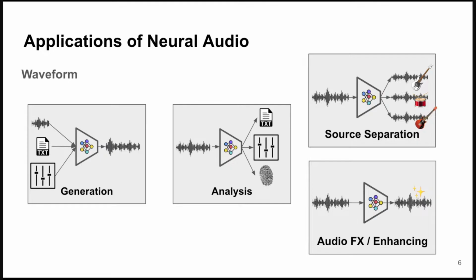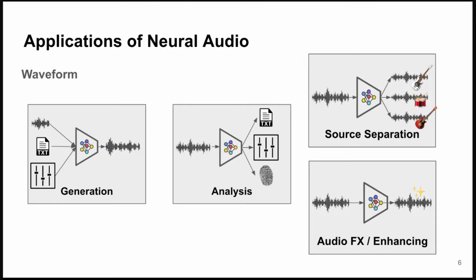We also have processes for analysis of waveforms. We have a waveform, we process it using a neural network, and we can obtain a text description or a set of synthesizer controls that would give us back the same audio. Or we can have a fingerprint for automatic classification of music content.